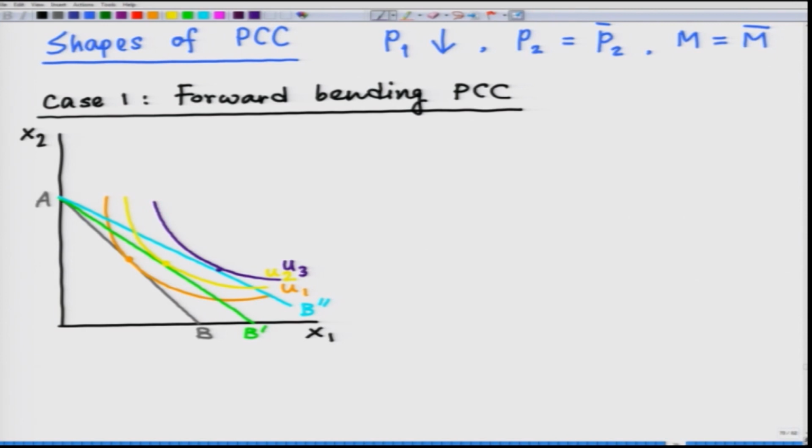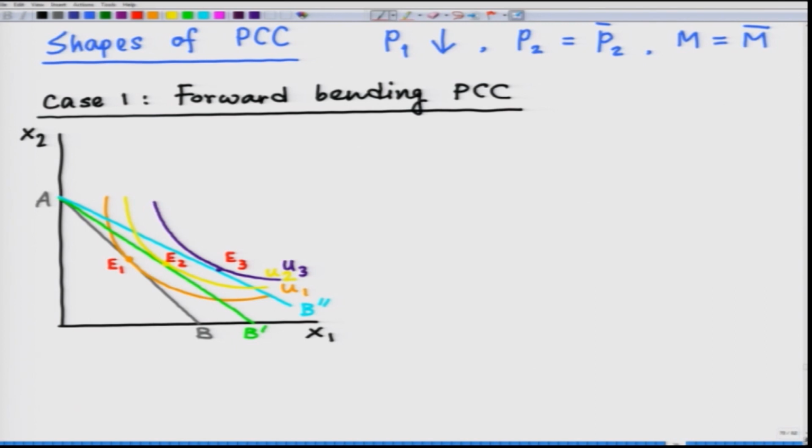So, now note that these tangency points E 1, E 2, E 3 are all consumer's equilibrium points depending upon the price of commodity 1 the consumer is facing.